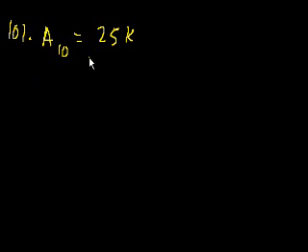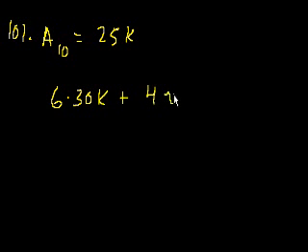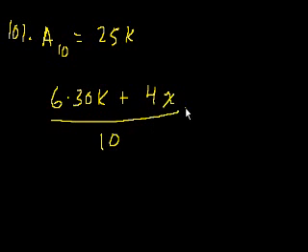Okay, so if we were to average all of them, we could say it would be 6 times the households that are 30,000, so 6 times 30K, plus 4 times the average of the other 4. So let's say that's what we're trying to solve for. 4 times the average of the other 4 households. And this would be the sum of all of the households. And if we were to divide that by 10, we're going to get the total average of all 10, which is 25. Hopefully that makes sense, right?